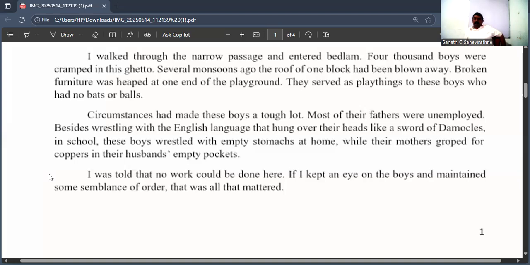As we read, circumstances had made those boys a tough lot, and most of their fathers were unemployed.